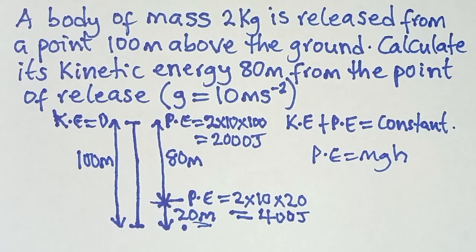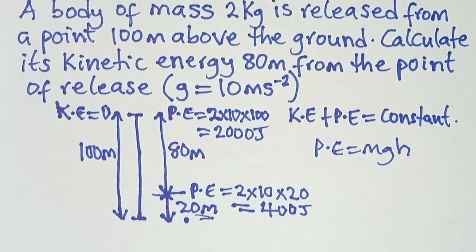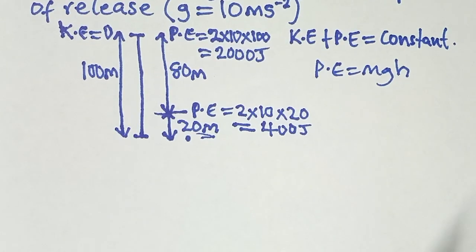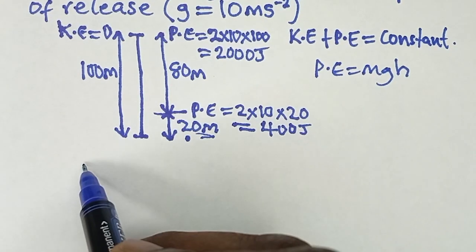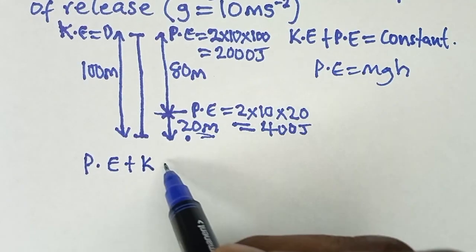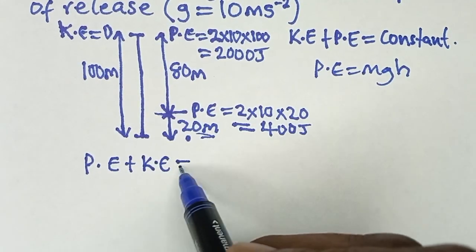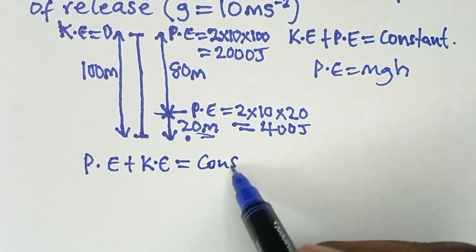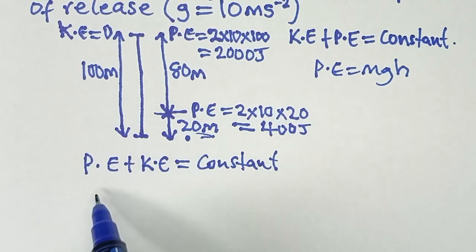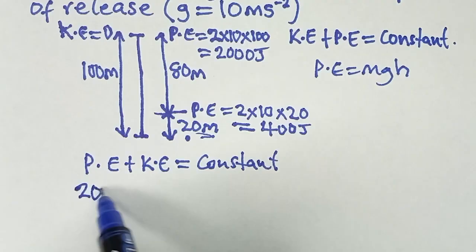Now with this, we are almost there. Now let's apply the basic theory there. PE plus KE at any point is a constant value. At the top, the PE is 2000, right?